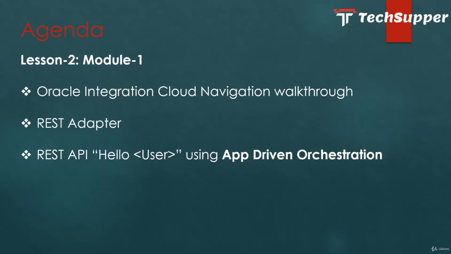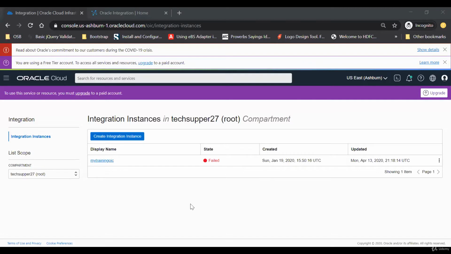So first I will log in to Oracle Integration Cloud. In my previous video, I showcased that we can create an instance from this particular screen. Once the instance is provisioned, the state will be in creating state. Once it is in created state, you can log in to Oracle Integration Cloud from here itself.